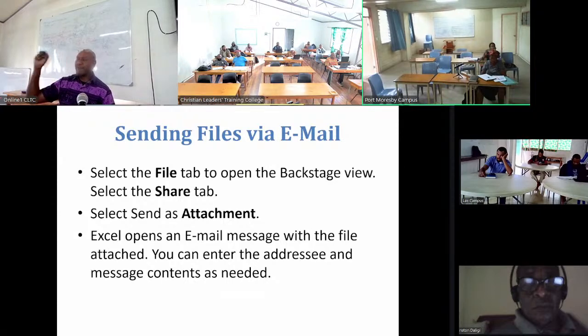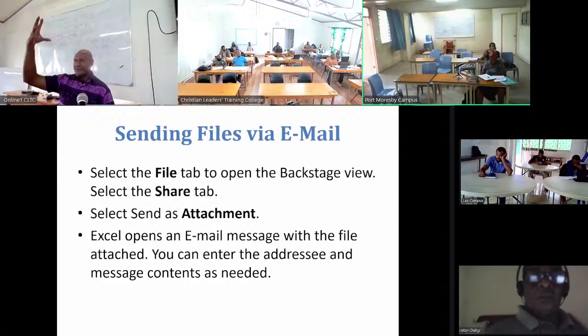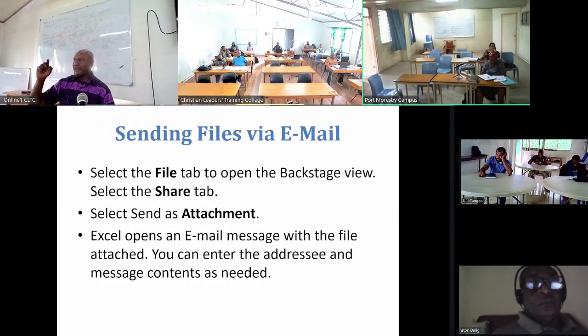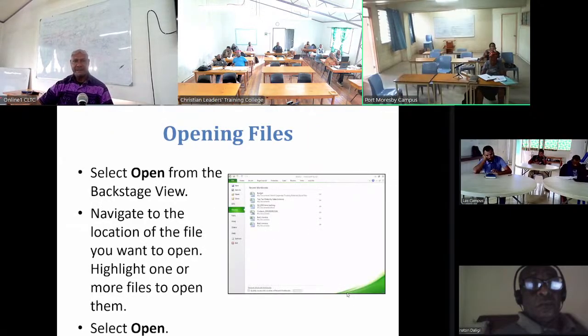If Caleb wants to send his Excel file to me, click file, look for that, click on it and it will attach. You click send and it's gone. That's baby stuff. You all know how to do that. So when it gets to your computer, that's how you open it.